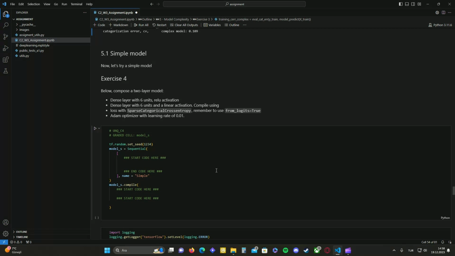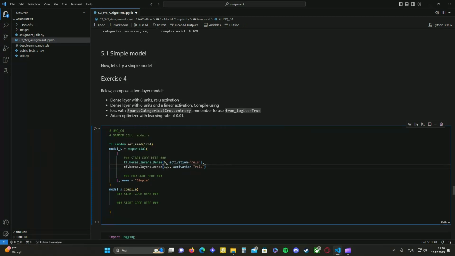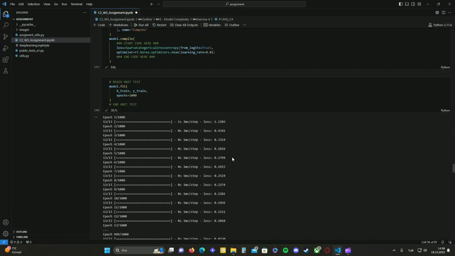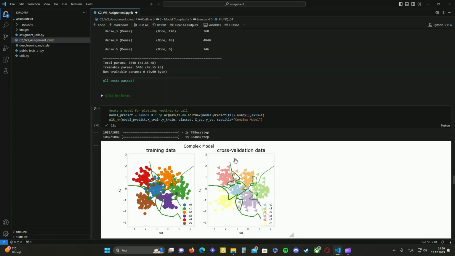Dense layer with 6 units, ReLU activation. Dense layer with 6 and linear. Okay.